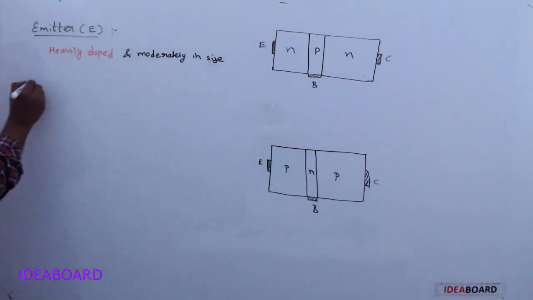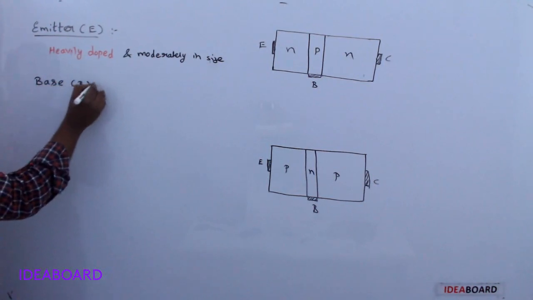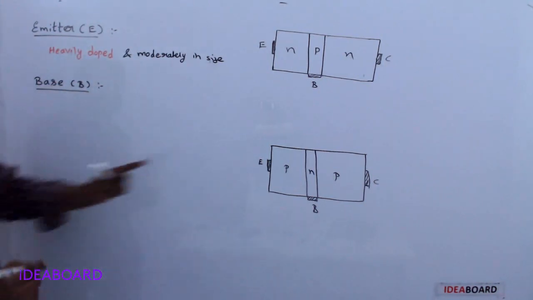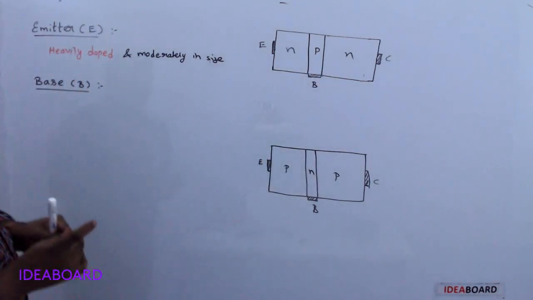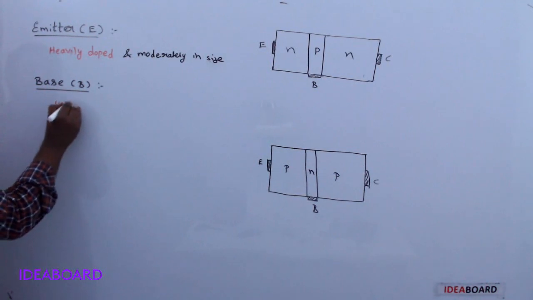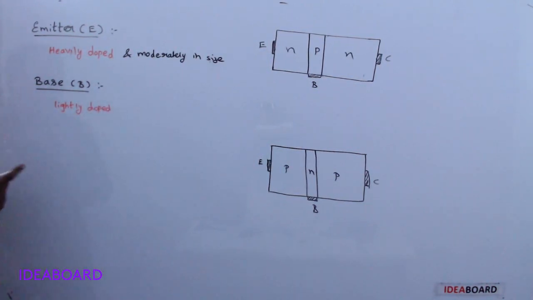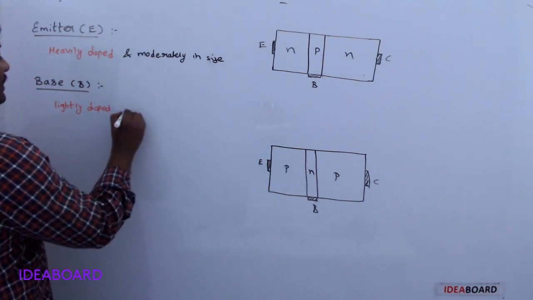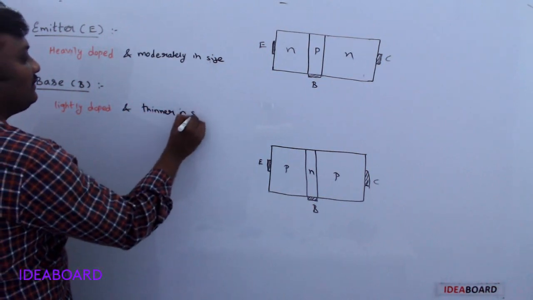And the second region. The second region is the base, denoted by B here. Okay. See, the base is lightly doped. And see the size? Thinner in size.